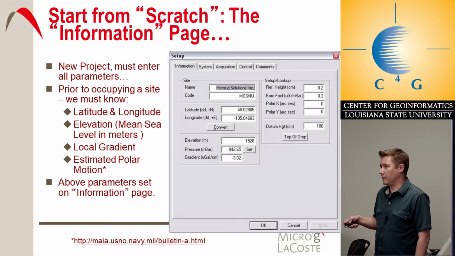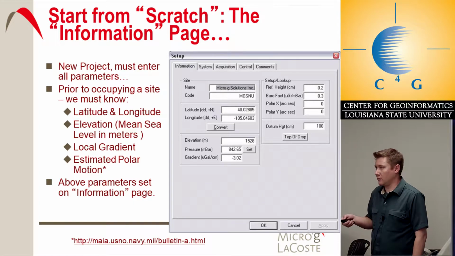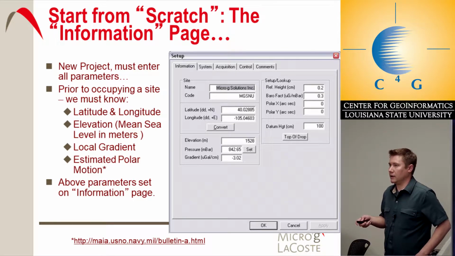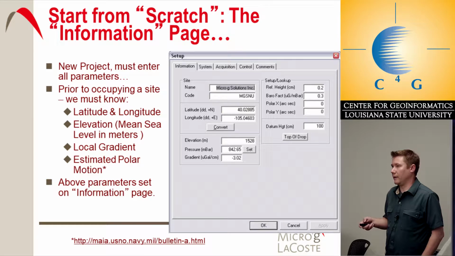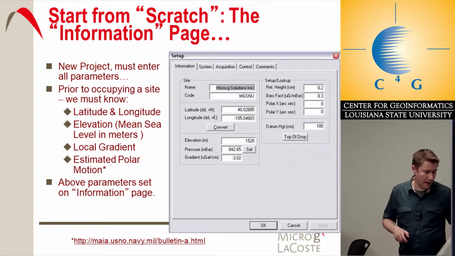It had information for Microgene. Turns out it's about 40 minus 105. Your polar coordinates are 0. You'll have to put all that in. Lat, long, elevation. You'll need to know your local gradient, and it all has to be manually typed in.